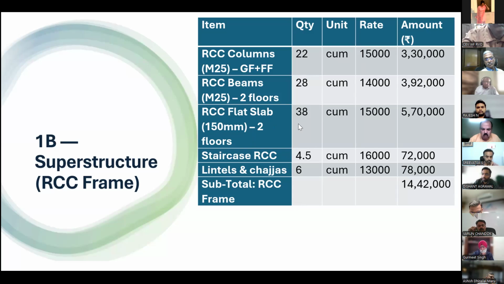Then RCC flat slab 150 millimeter thick for 2 floors, 38 cubic meter, rate is 15,000, value is 5,70,000. Then staircase RCC 4.5 cubic meter, rate 16,000, 72,000. Lintel and chajjas, and subtotal for RCC frame is 14,42,000.